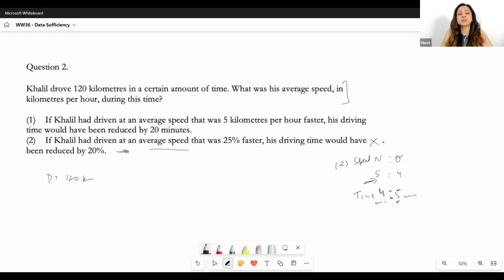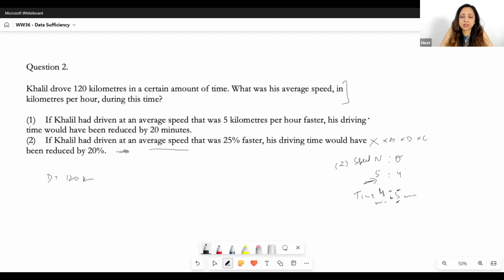And in fact, it's not giving me any information. So now I know that my answer is not B, right? This alone is certainly not sufficient. It's not telling me anything. I also know now that my answer is not D. I also know now that my answer is not C. Do I see that? Why?